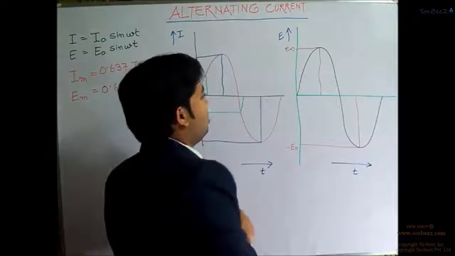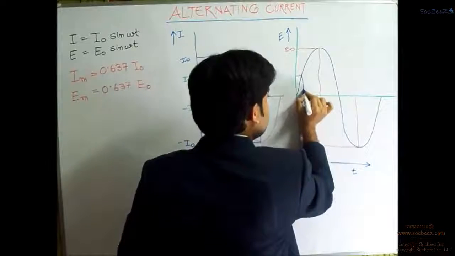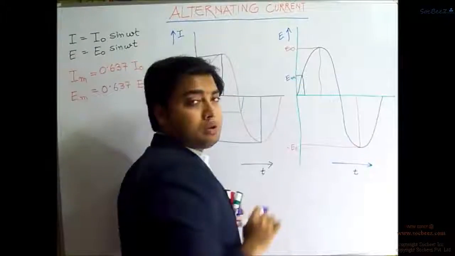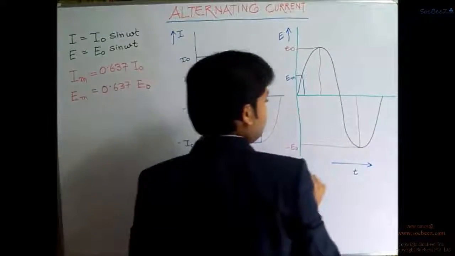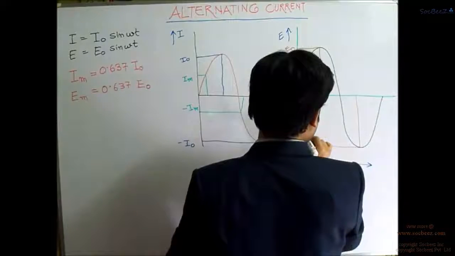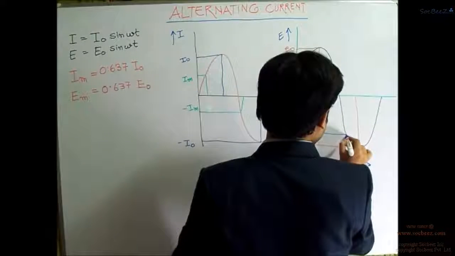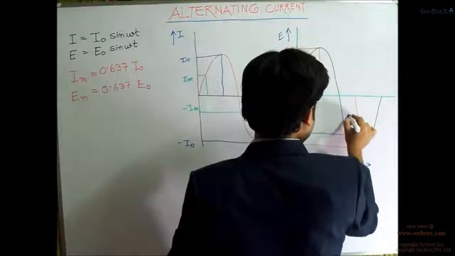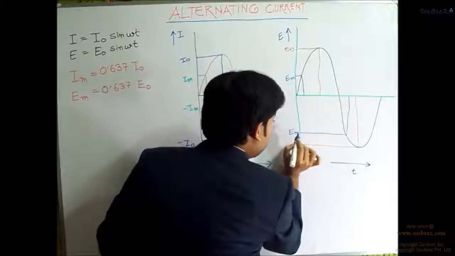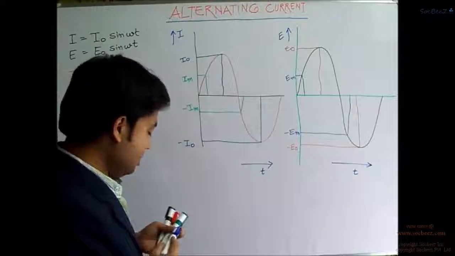Likewise, the same goes for this EMF. This is the mean value of this alternating EMF, and likewise this is again the mean value of alternating EMF, but this will be provided with a negative sign, right?